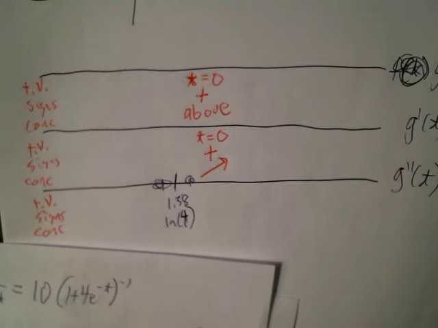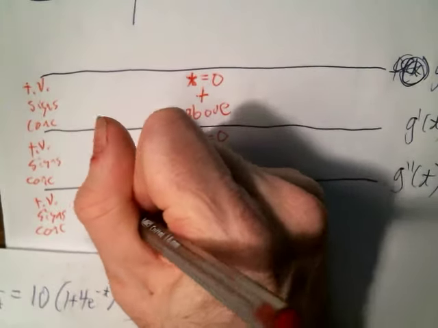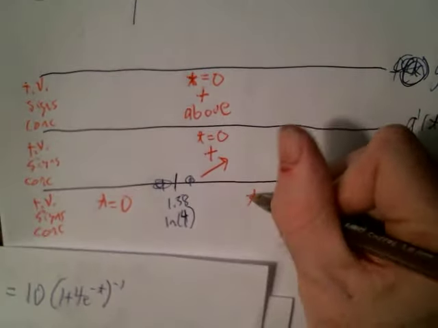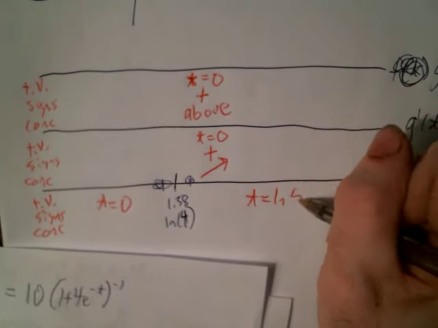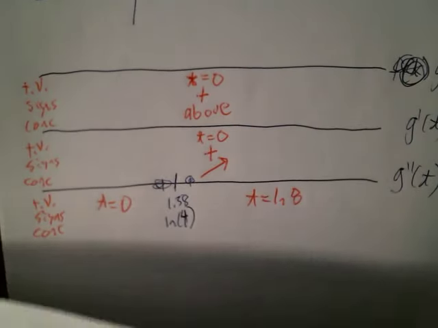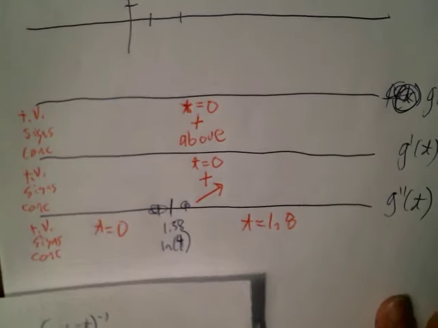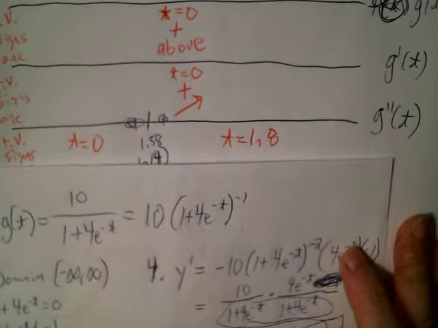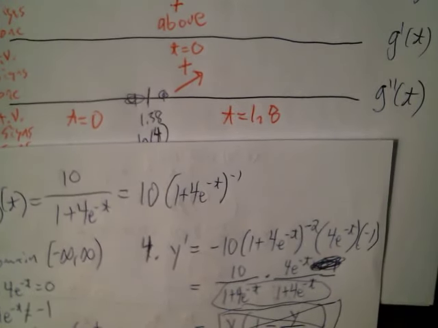Finally, on either side of 1.38, we could try t as 0, and then t is, I don't know, ln of 8. For the second derivative, it sucks I didn't get the second derivative, let's put it that way.